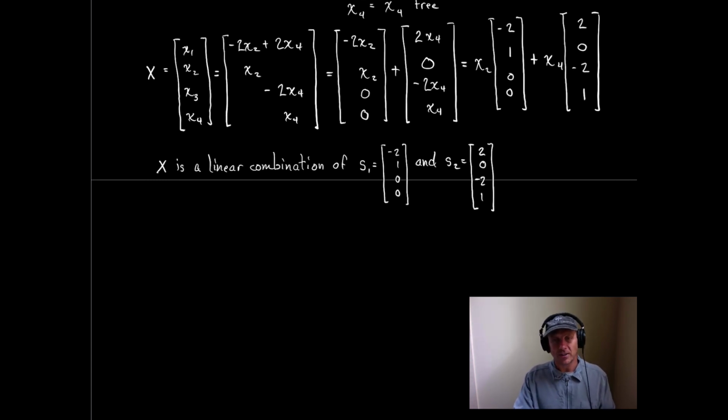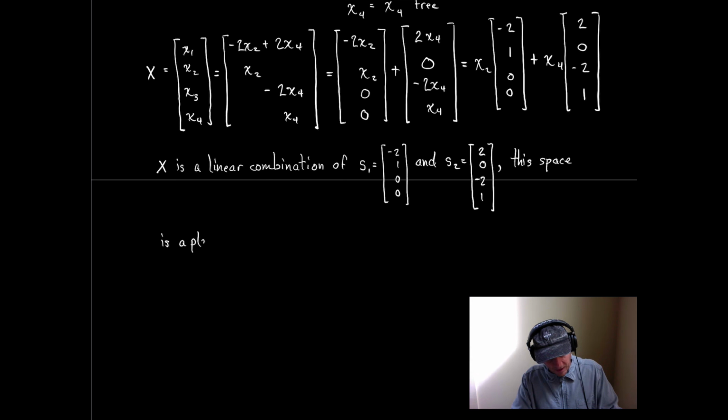Well, if you have two vectors and you take all possible linear combinations, that is, this space is a plane in R4. Notice that the columns were in R3, but the null space is in R4. So it's a completely different space.